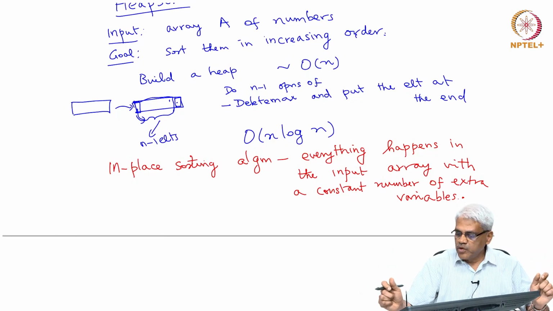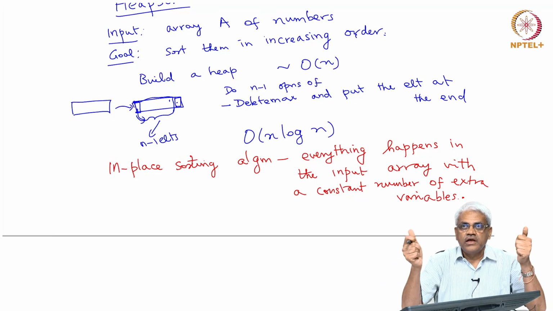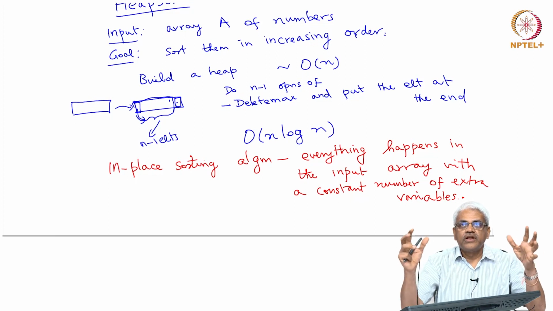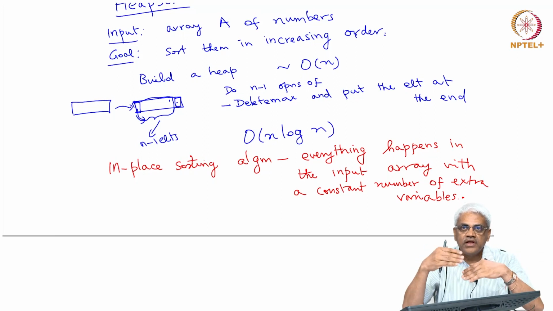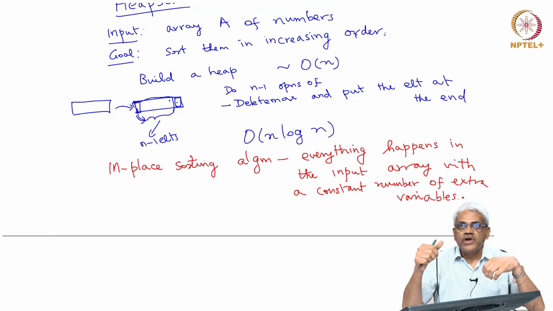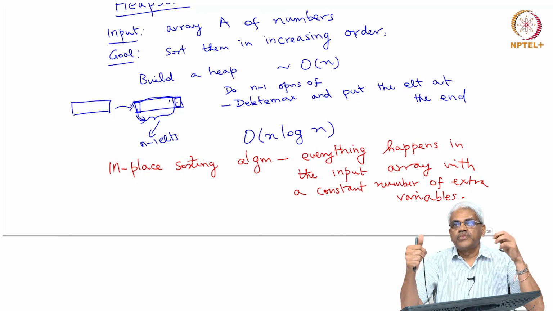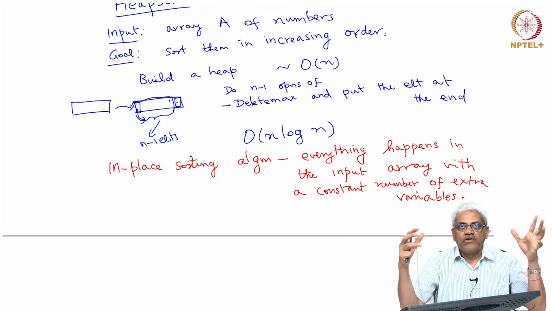Okay, good. So what did we see? We saw that the priority queue operations insert and delete max can be implemented by storing your elements in a complete binary tree with a parent child relationship, and you can support both these operations in logarithmic time, and heaps are very useful.